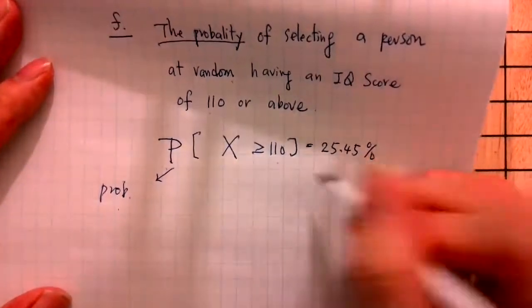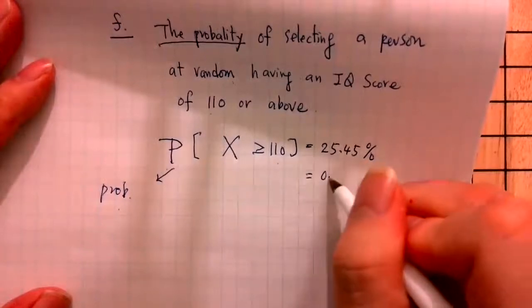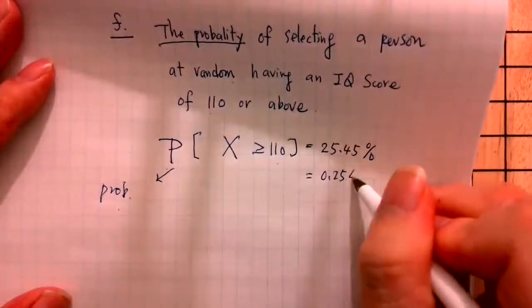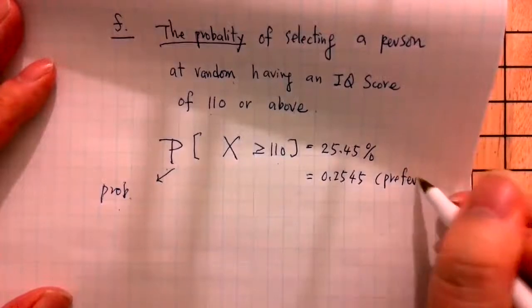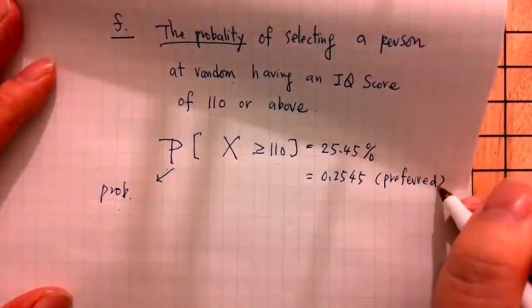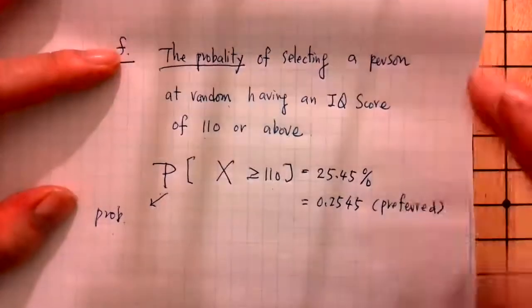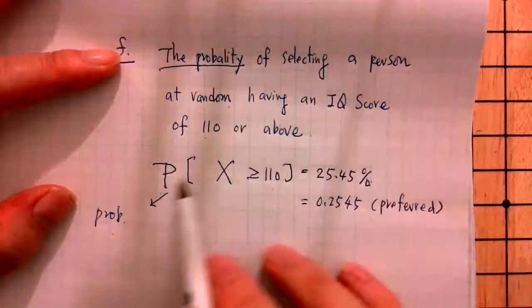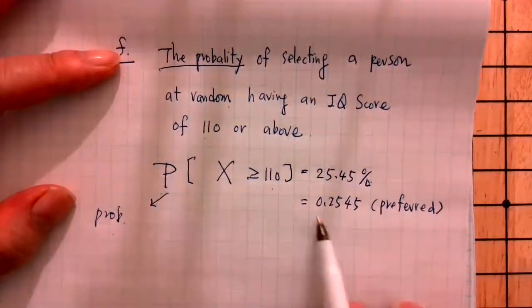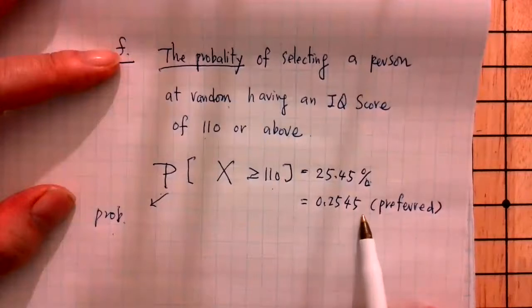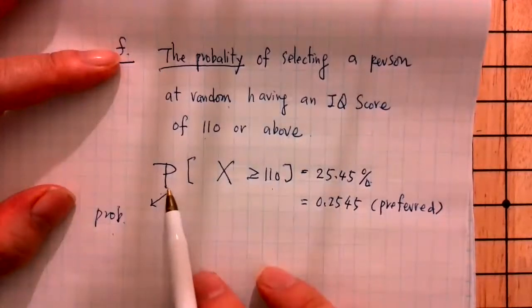So if you write it as a probability, 0.2545, this one is preferred. Usually, if you write a percentage, this P means percentage of observation. But if you write 0.2545, that refers to probability.